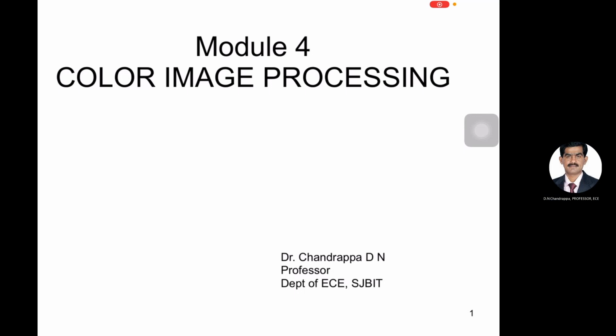So here, in the beginning of the class, what I explained: different types of images. One is called a binary image. Second one is called a gray image. And third one is called a color image.